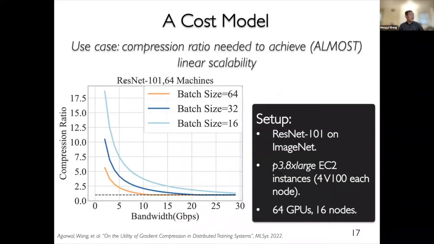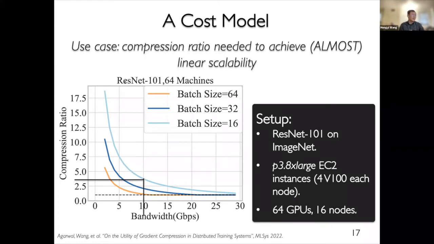Why this cost model is useful is that, given the implementation, the cluster and the ML model, and given the bandwidth available in the distributed cluster, we can predict what compression ratio we actually need to achieve linear scalability.